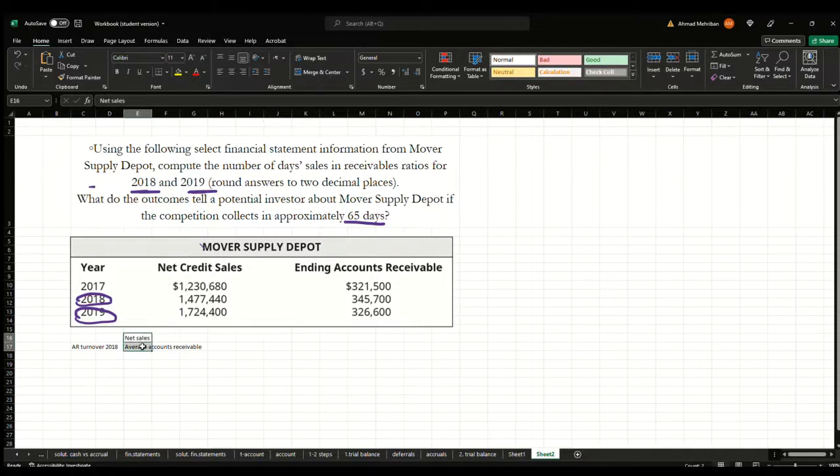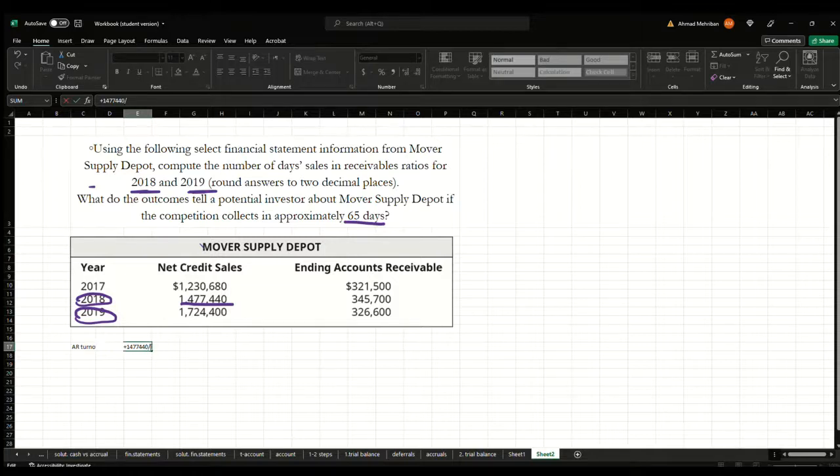Let me just clear the format. Clear all. Okay, now what we have here is the net sales for 2018, which is 1,437,440.